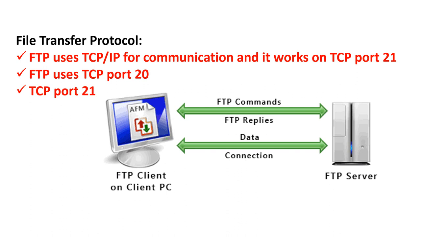FTP works on a client-server model, where a client requests a file from the server and the server responds to the request and sends the file back to the client. FTP uses TCP port 20 for exchanging controlling information, and the actual data is sent over TCP port 21.